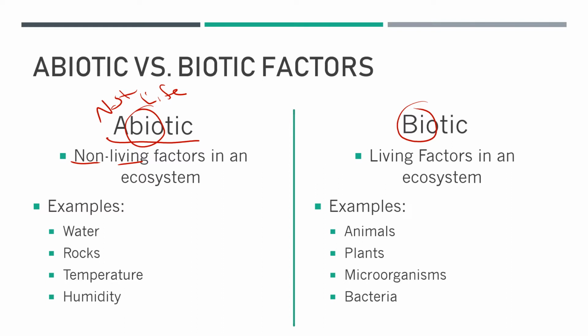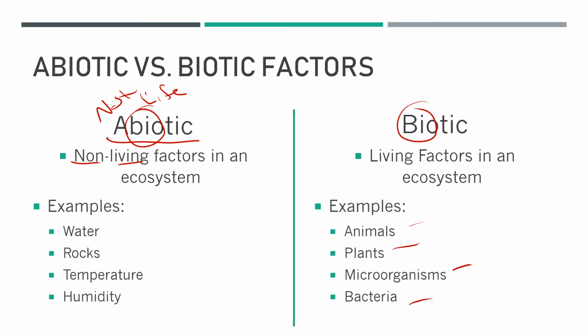So the examples of abiotic things are going to be things like water, rocks, temperature, humidity. These things are not alive. Whereas things that are alive in an ecosystem are like animals, plants, the microorganisms, so like things in the soil, bacteria, anything that does cell respiration, basically.